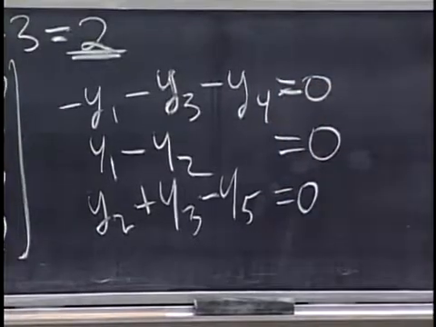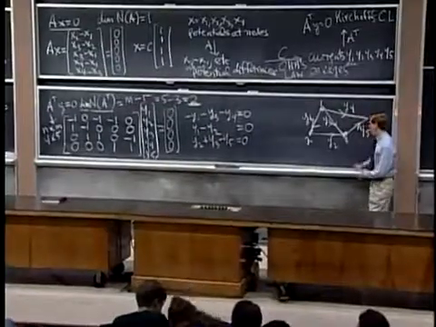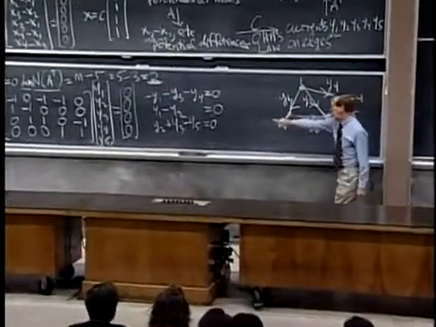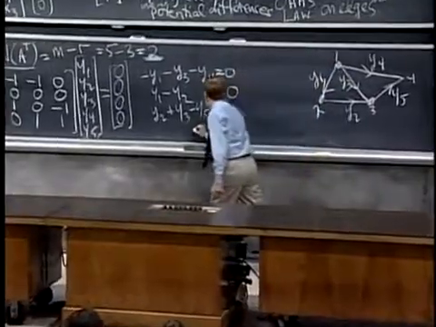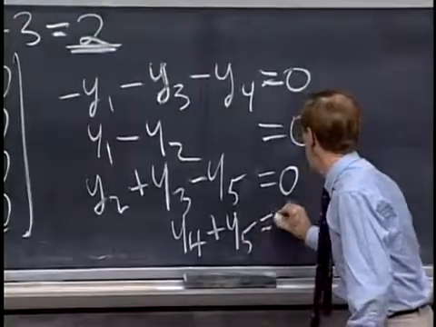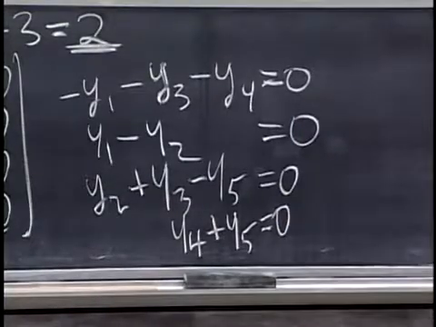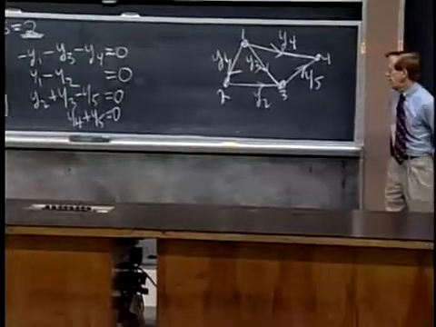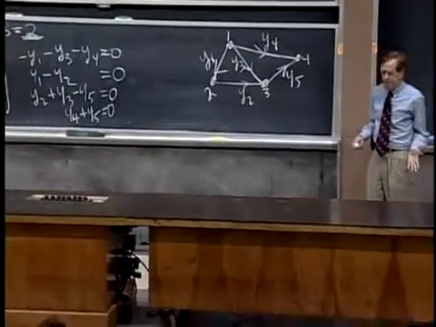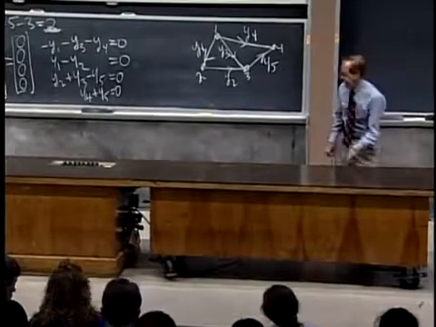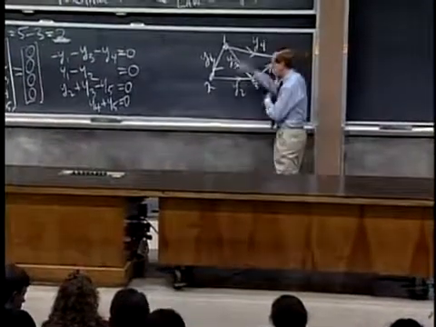That's what's up at the third node: Y2 coming in, Y3 coming in, Y5 going out, has to balance. And finally, Y4 plus Y5 equals 0 says that at this node the total flow is 0. Charge doesn't accumulate at the nodes. It travels around.